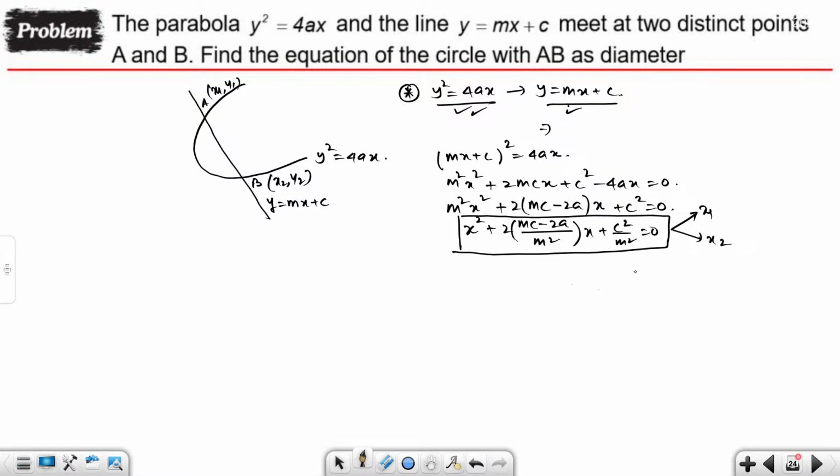But I am not going to solve this at all. Why should I solve? Because it will create unnecessary problems in the question. I'm not going to solve for x1 and x2. Leave it as it is. Is it clear? Now I will try to find an equation involving y. So from here we can write x as, now replace this in this equation. What are you going to have?